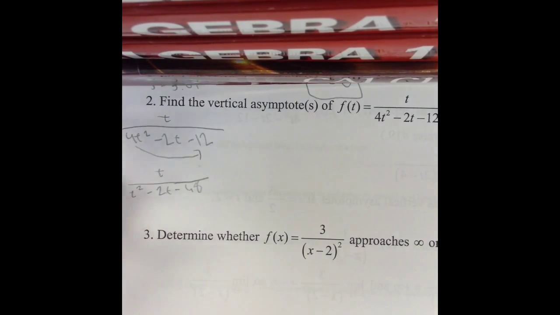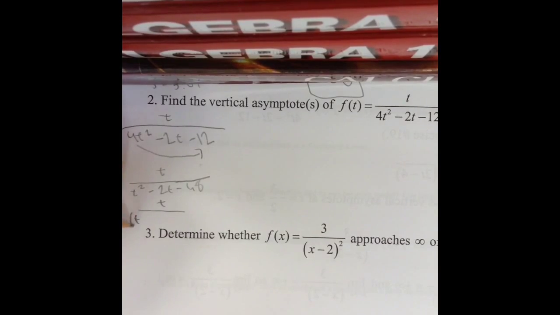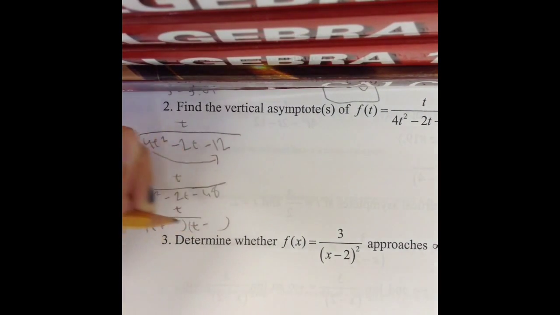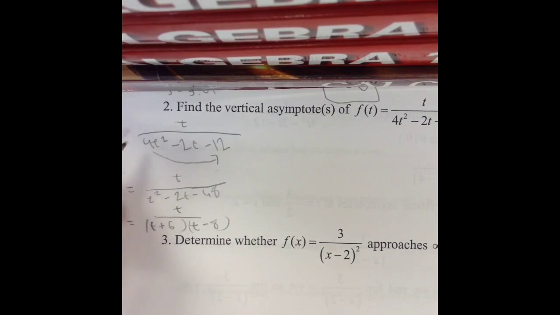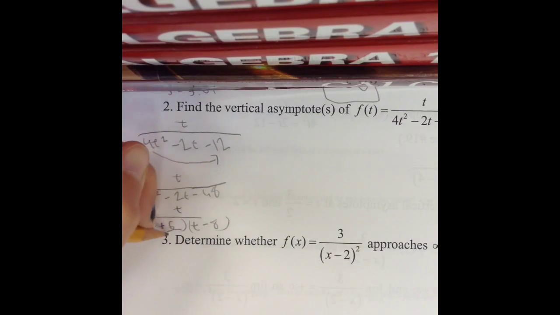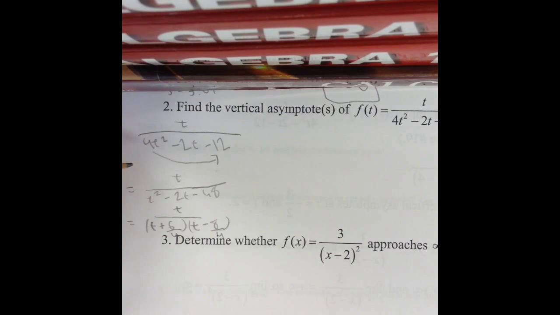And so that can be factored into t over (t plus 6)(t minus 8). And since we multiplied by 4 at the beginning, now we have to divide by 4. So 6 over 4 and 8 over 4.